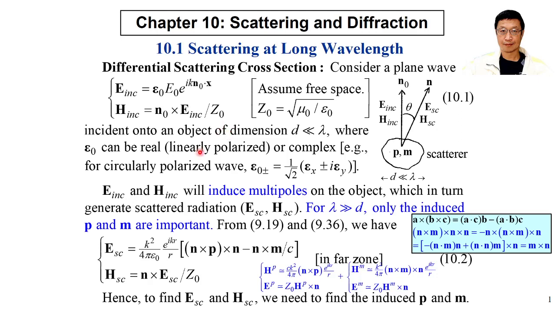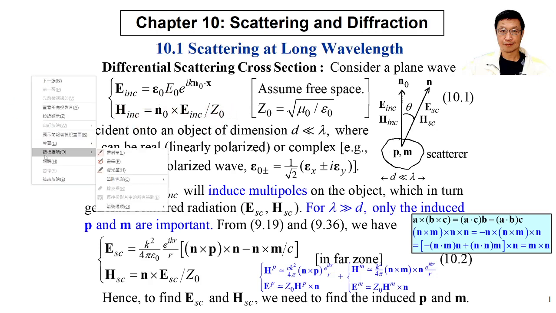But in chapter 10, we prefer to use a different strategy. That is, write the E field first, and then from the E field we can easily calculate the H field. Z0 is the characteristic impedance. Let me write it down.